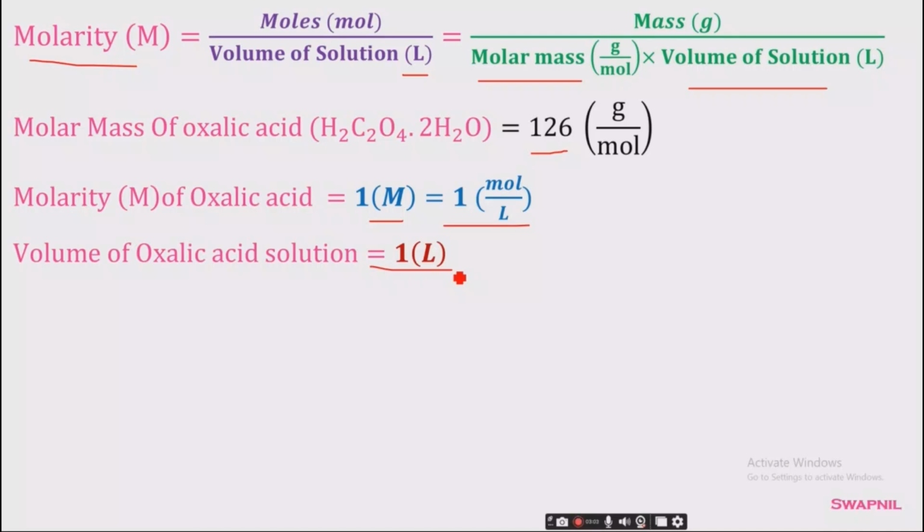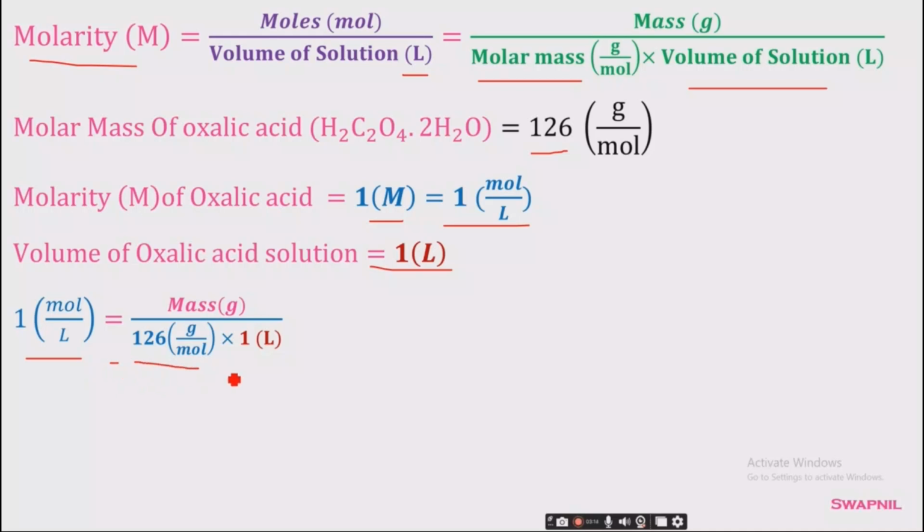So by adding these values in the given formula, we get 1 mole per liter is equal to mass divided by 126 gram per mole into 1 liter. This is the mass for oxalic acid.